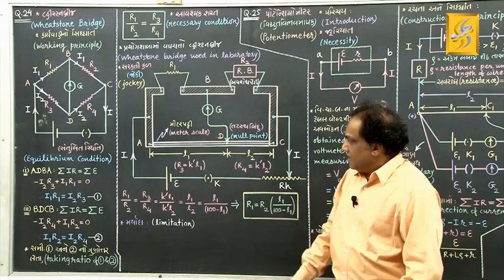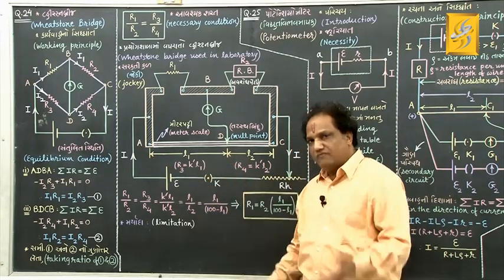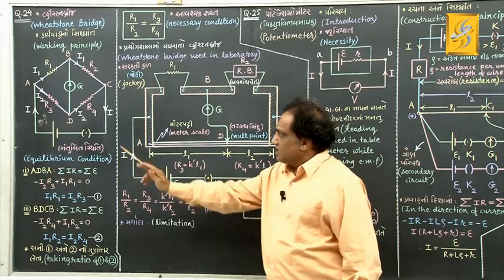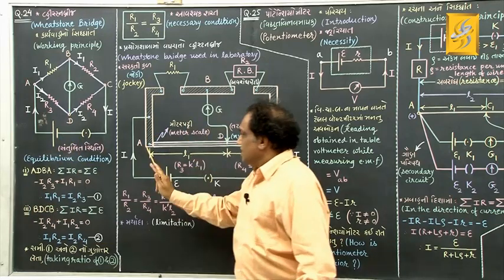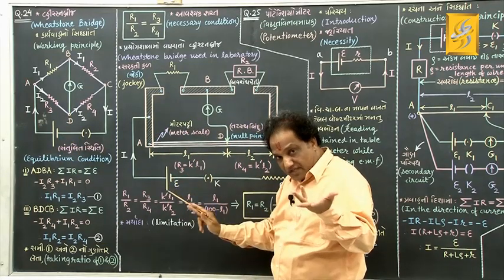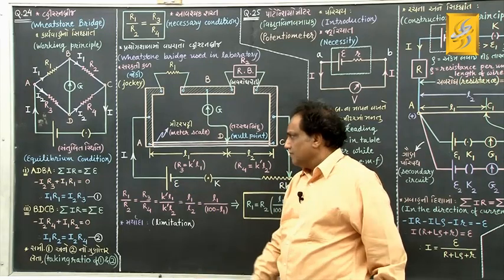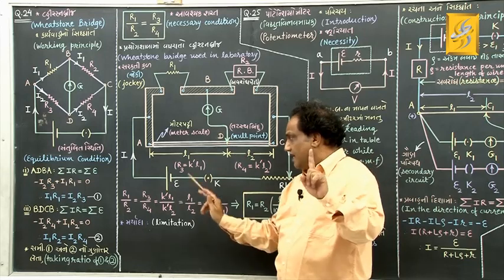Now what will be the resistance of this much length of the wire? Very simple. Resistance between A and D is R3. But how much is that resistance? Very simple to find out. Suppose the resistance per unit length of this wire is K dash.